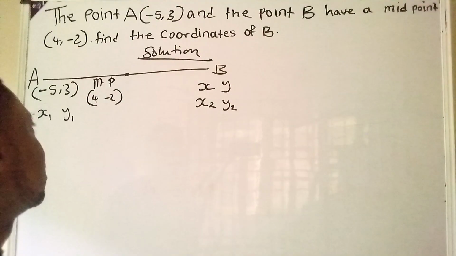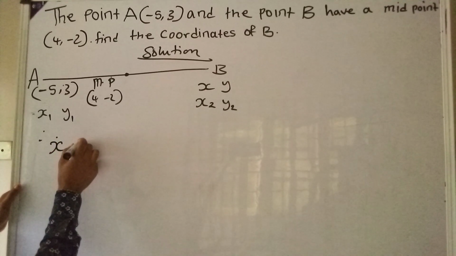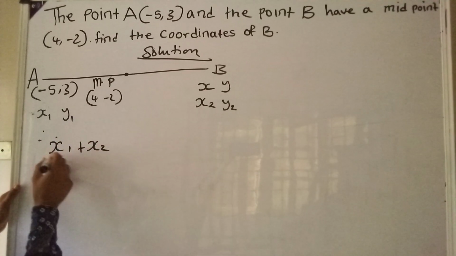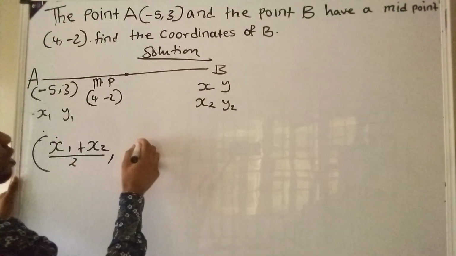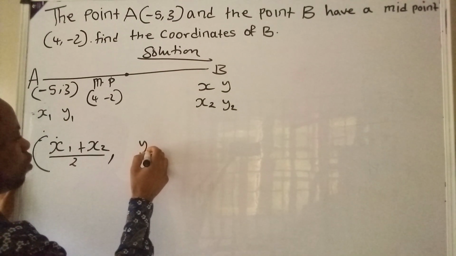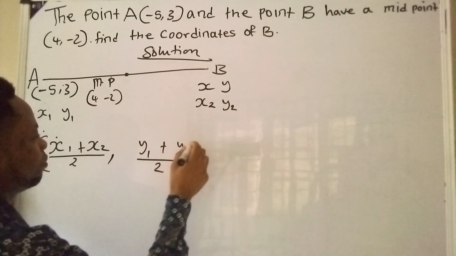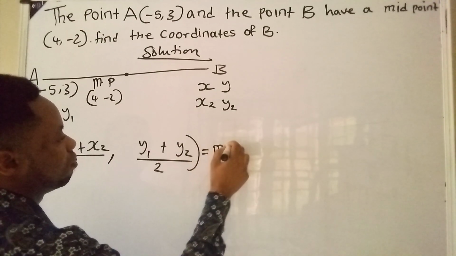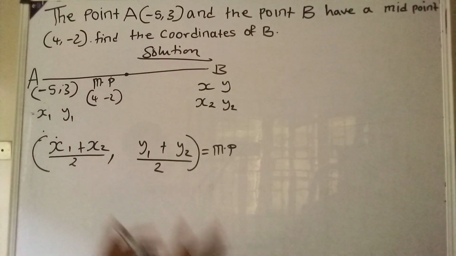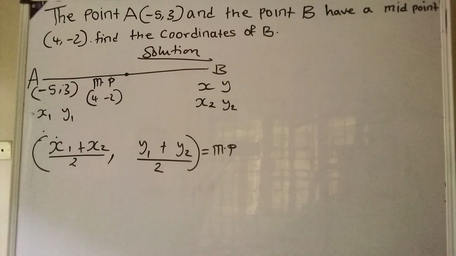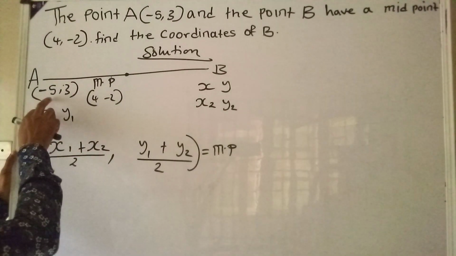So we have (X1 plus X2) over 2, comma, (Y1 plus Y2) over 2, equal to MP, which is the midpoint. We should have it in mind that we are solving for X, and we are also solving for Y.